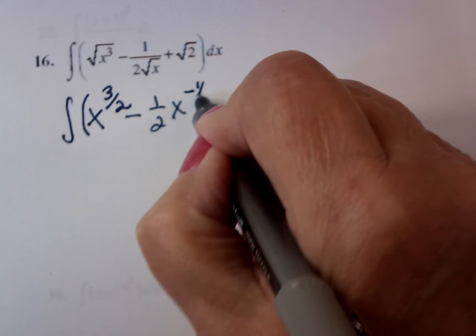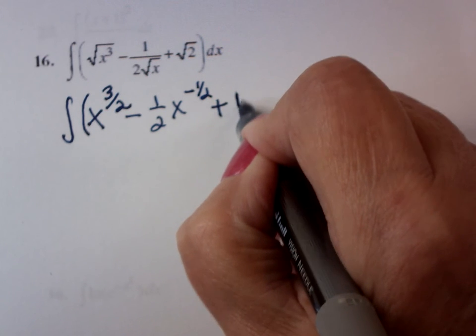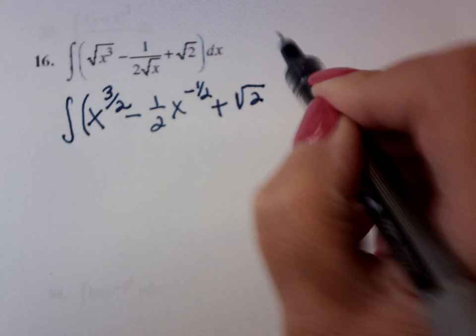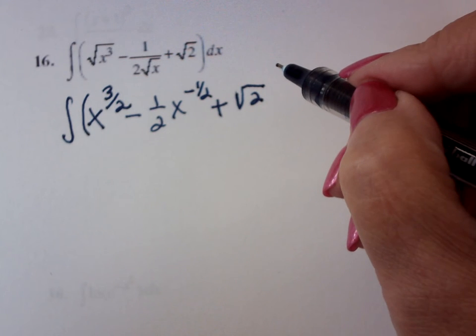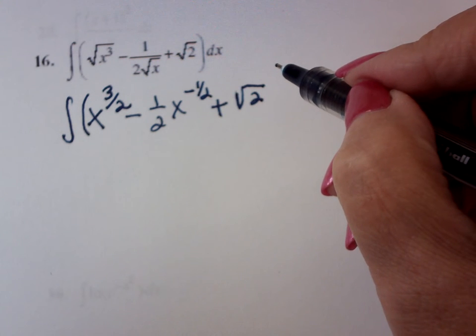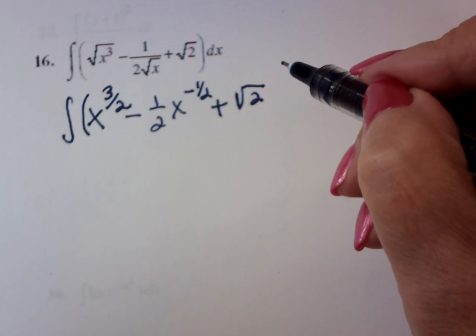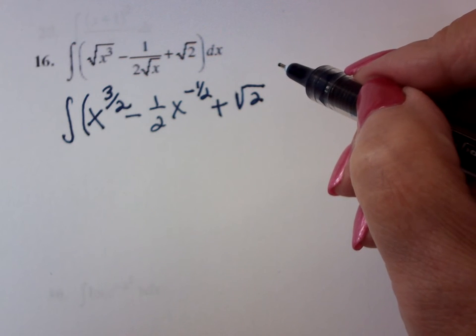Negative 1/2. What's the square root of 2? Begins with a C. O. N. S. Constant.